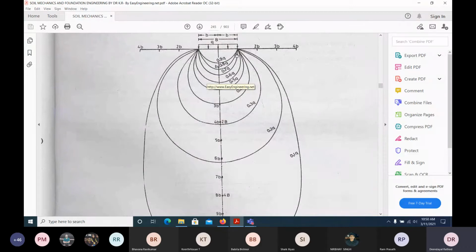Then we have to find out which category it falls in, whether it is above the A line or below the A line, low, intermediate, medium or high compressibility. We have seen that plasticity chart.